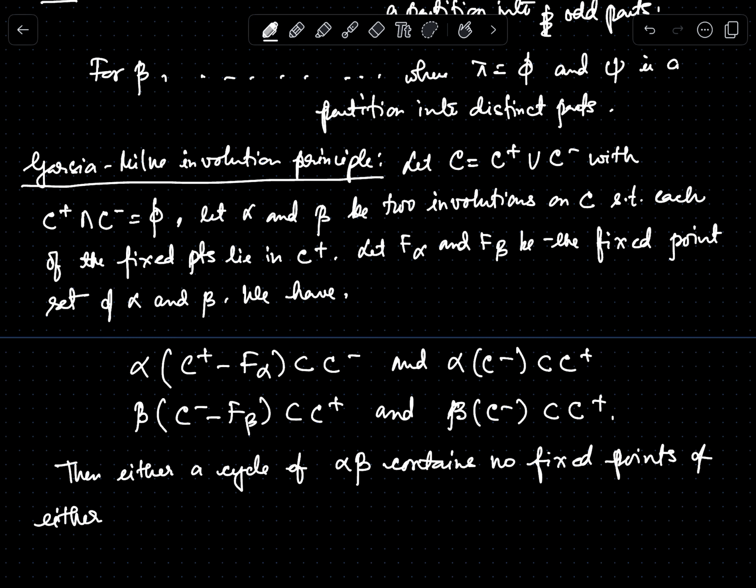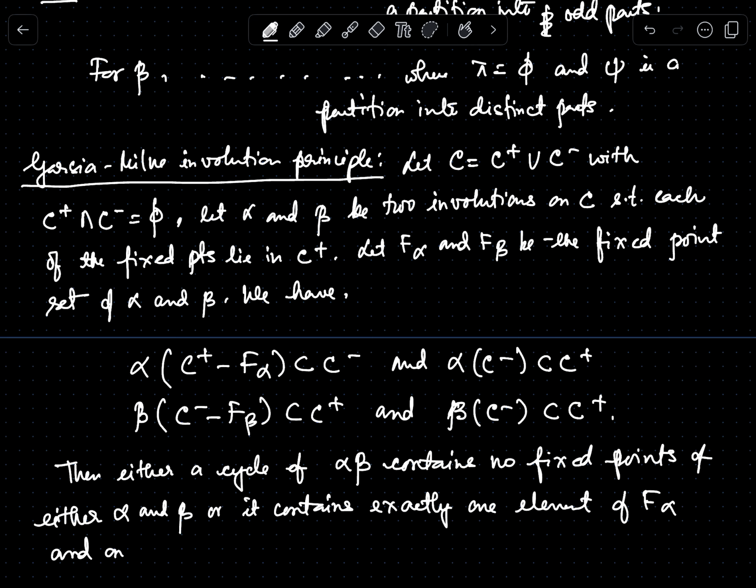So it either contains no fixed points of either alpha and beta, or it contains exactly one from each.